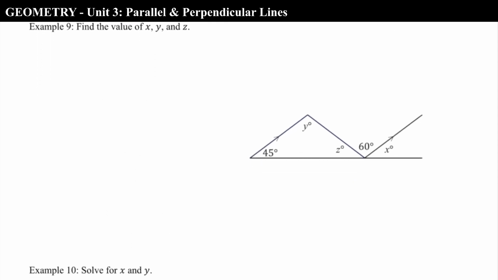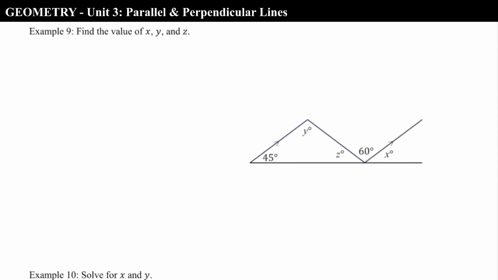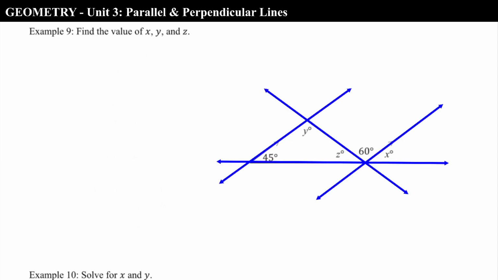Now in example 9, we are tasked with finding the value of x, y, and z. This one may not be as clear to see, so I'm going to add a couple of lines here. So I have expanded all the lines here now, and you may be able to pick out the parallel lines here.